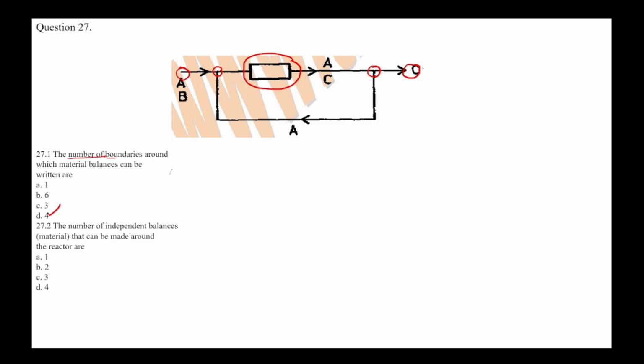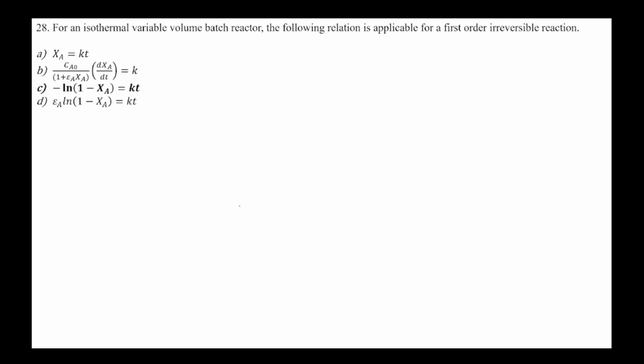The number of independent balances that can be made around the reactor, then this will cancel out, because when you make the balance over the reactor, then input and output will come. Okay. So 1, 2 and overall 3. This type of question will not be asked nowadays.